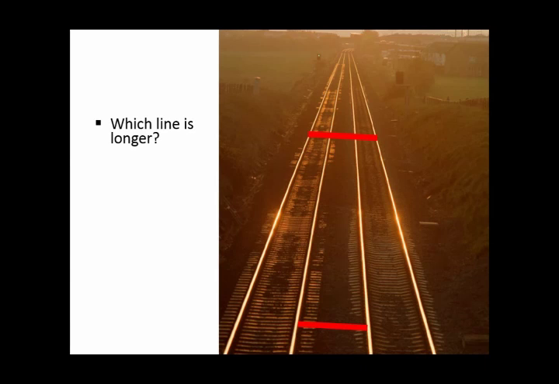So we know that the tracks in the foreground appear farther apart than the ones that are underneath the second line. So we know that the second line has to be farther away from us. We see more detail, right? There's more texture visible in the foreground than in the area underneath the second line.